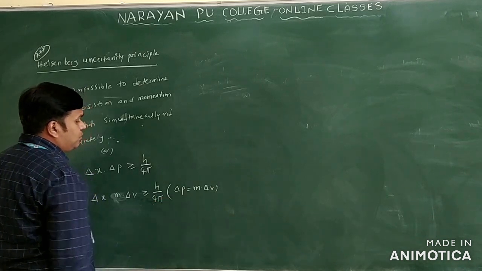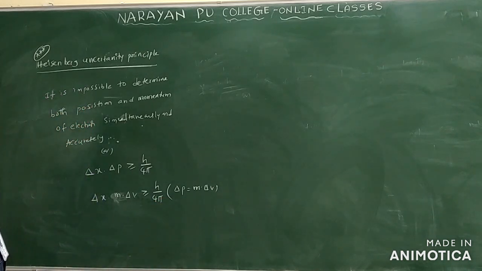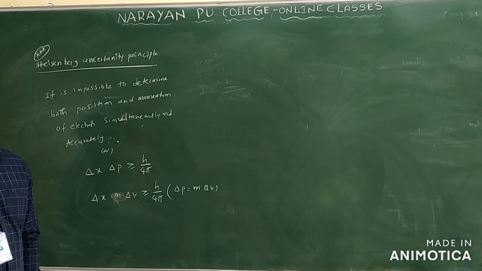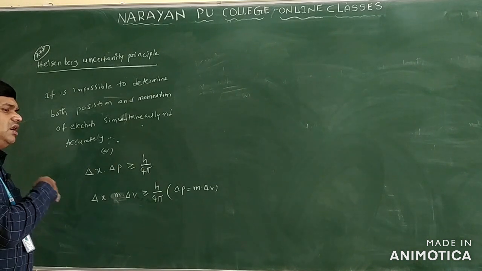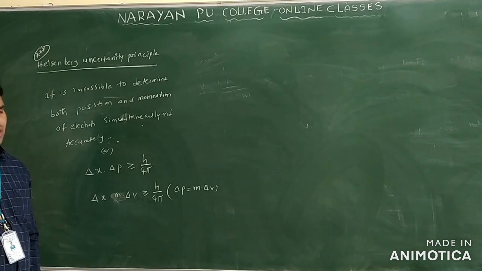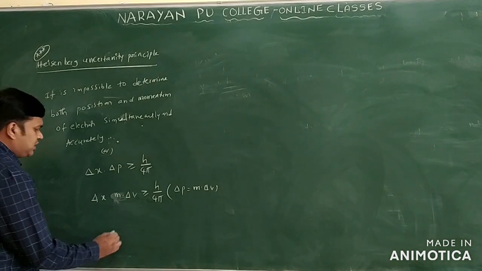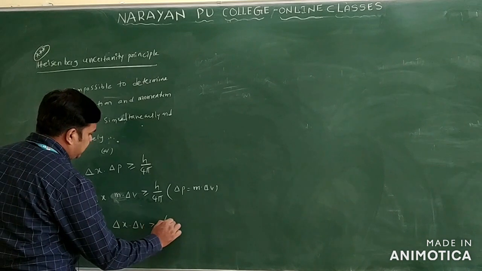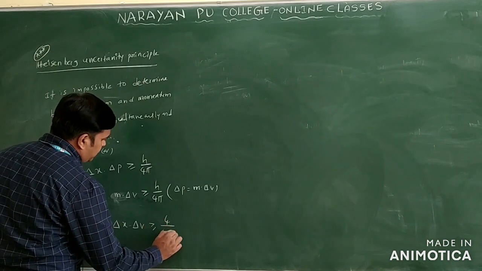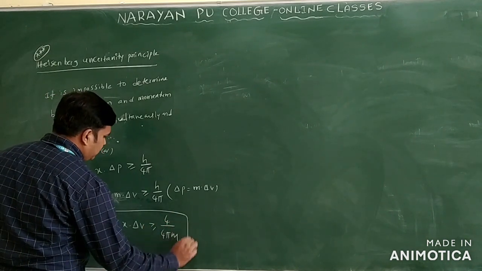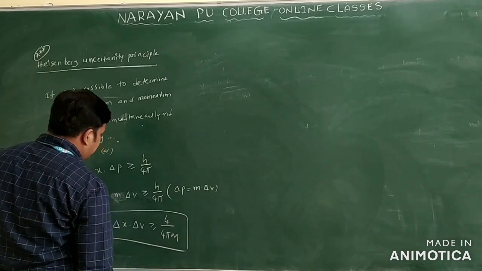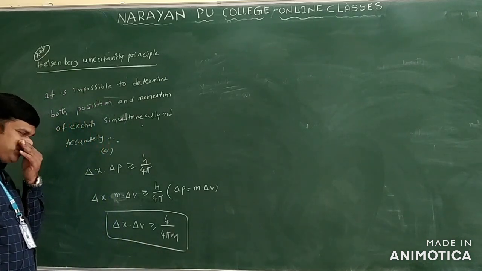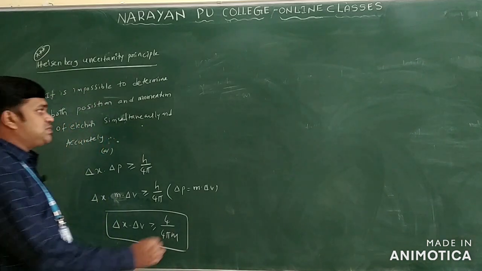Delta p is uncertainty in momentum. Momentum p is mass into velocity, so change in momentum delta p is m into delta v. From this you write delta x into delta v greater than or equal to h by 4 pi m. This is the mathematical expression for the Heisenberg uncertainty principle.